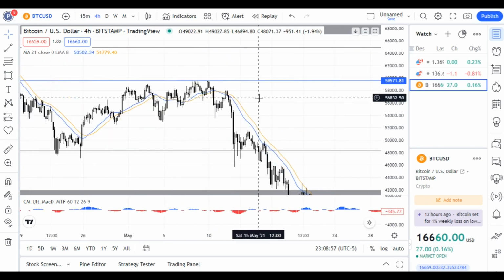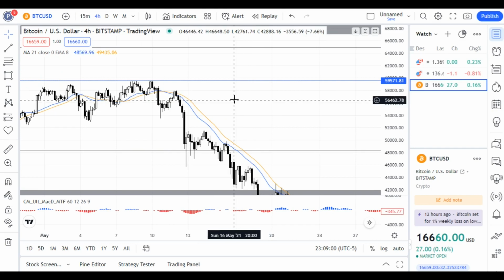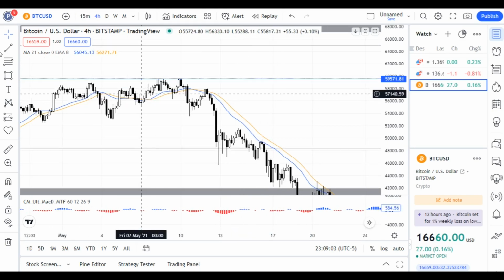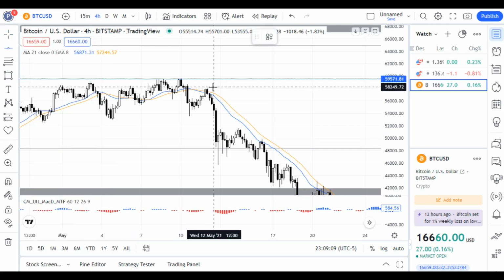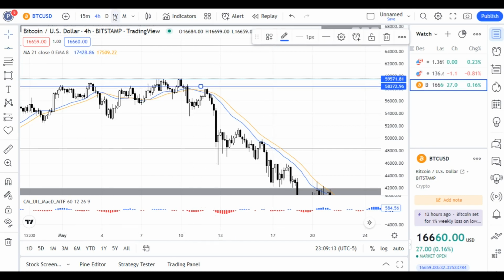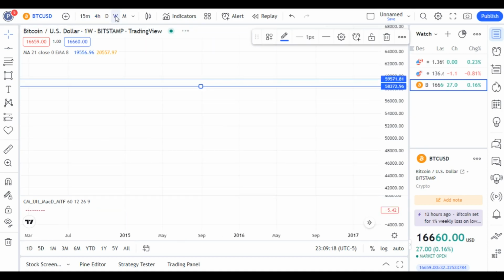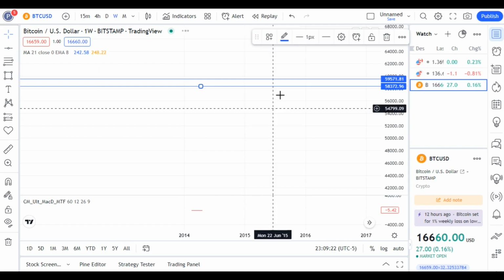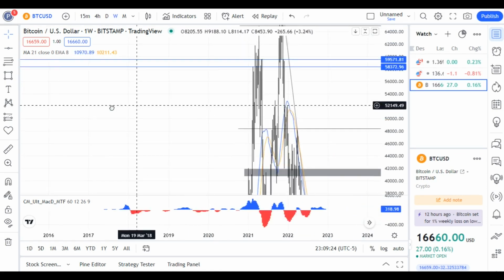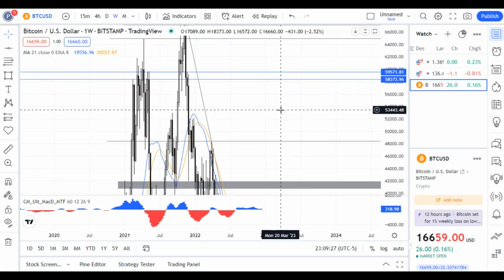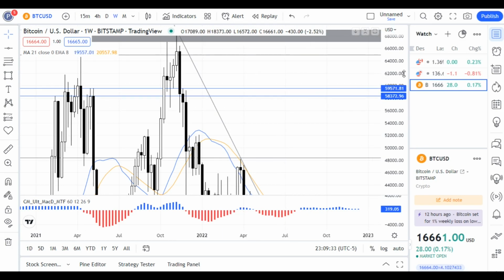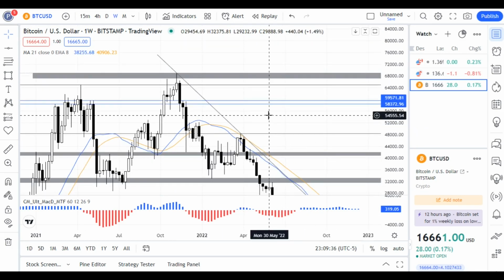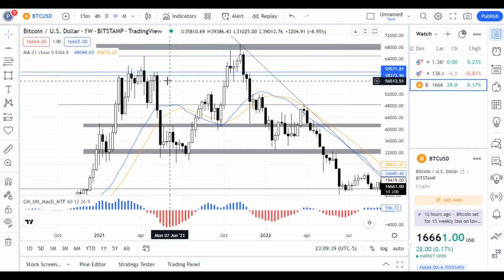Okay, so this is the 4 hours. You wanted to use a rectangular tool to indicate it, but all the same, let's try.